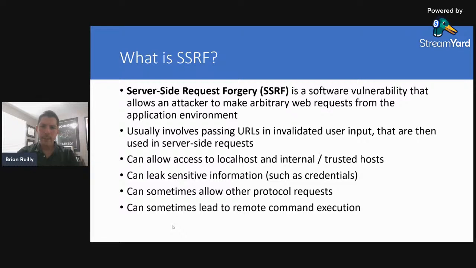A lot of these attacks do have to do with web requests, but you can oftentimes set them up so that you can make requests using other protocols. So it doesn't always have to just be web. And then also, in combination with other vulnerabilities or other environment factors, these can, in some cases, lead to command execution, which would be a super serious vulnerability.